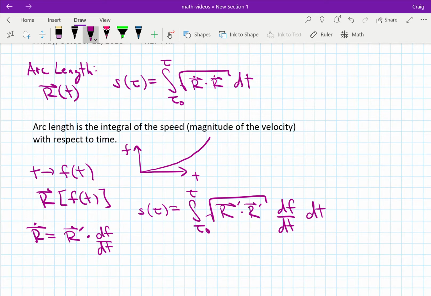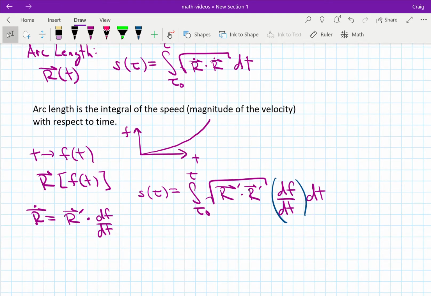with respect to time. So what you see happens here is that my integral, I can think of writing that as an integral not as a function of time, but an integral as a function of this new parameter f, right?